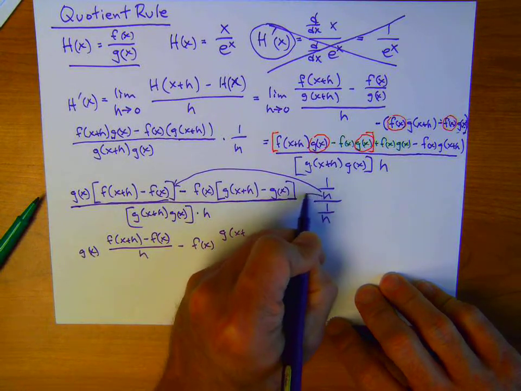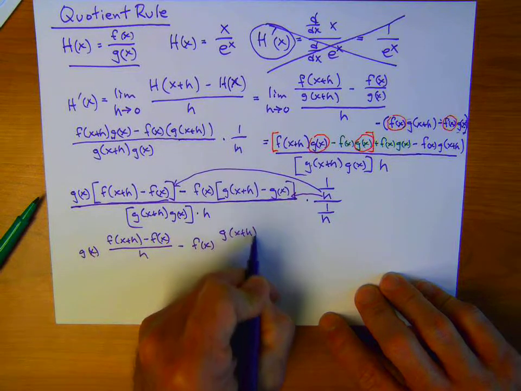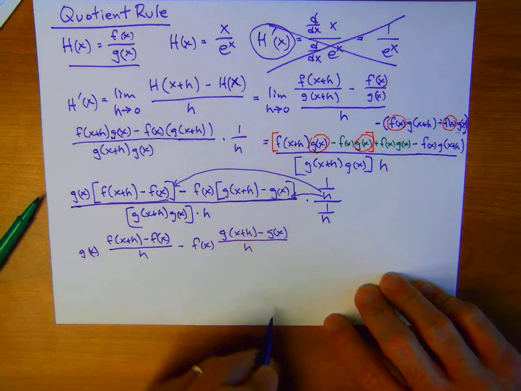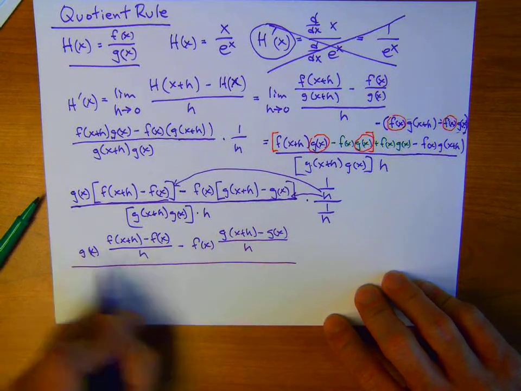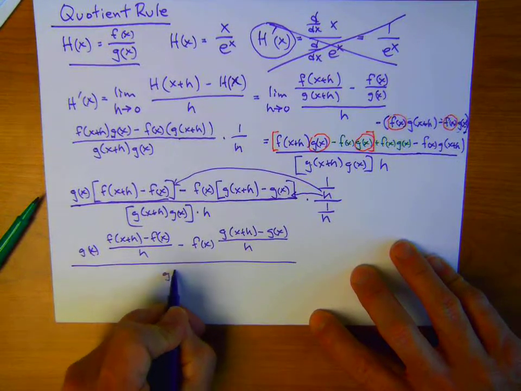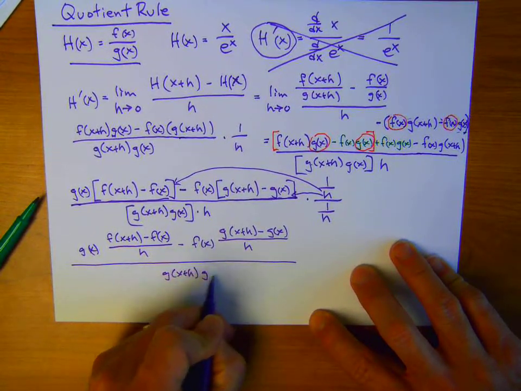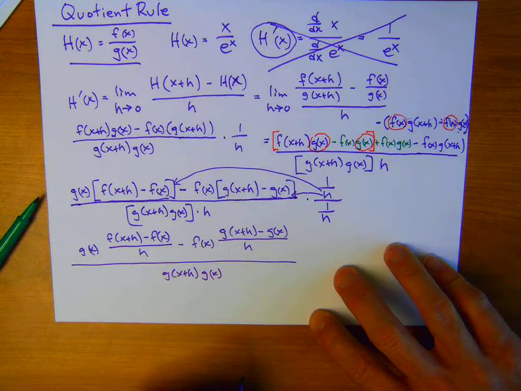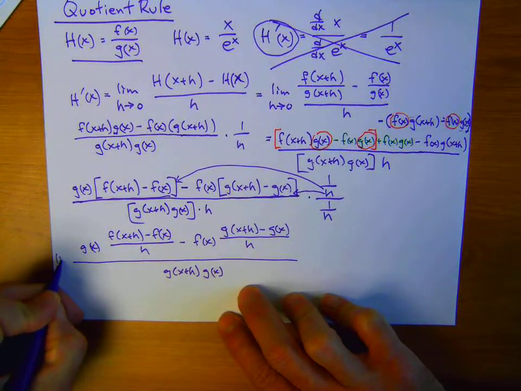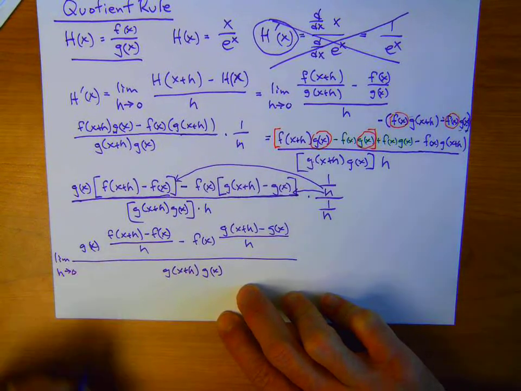So this goes in this denominator here, g of x plus h minus g of x over h. And then downstairs, like I said, these h's multiply to 1, just leaving me with g of x plus h times g of x. All right, now things are looking up, right? Now is the point where we want to bring that limit back. Limit as h goes to 0.